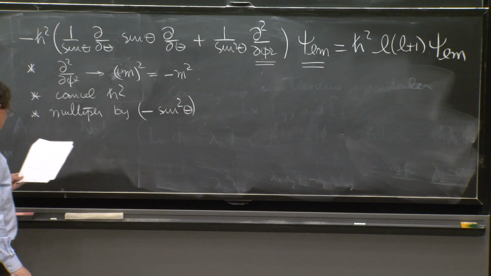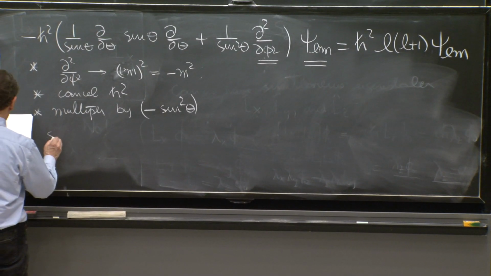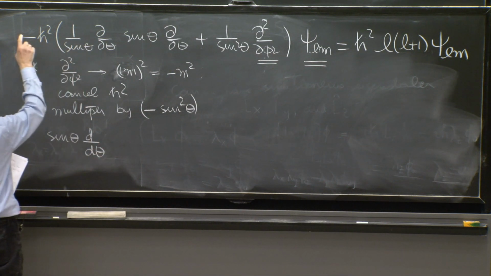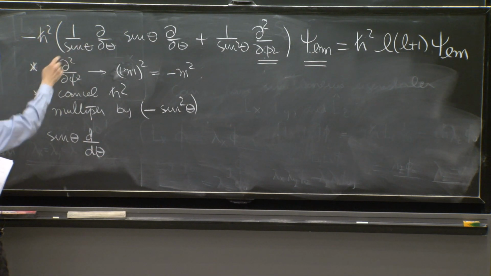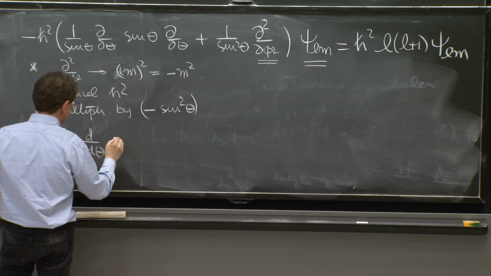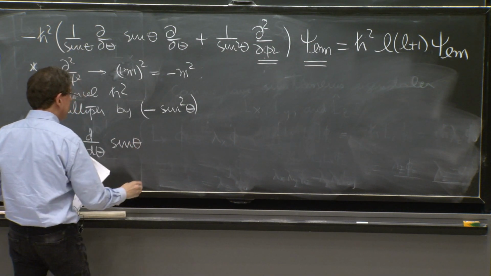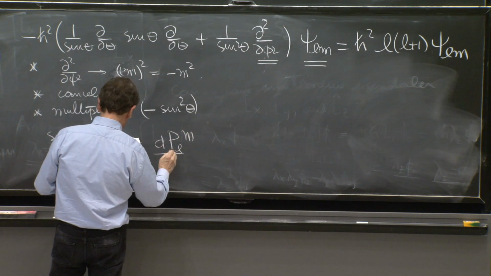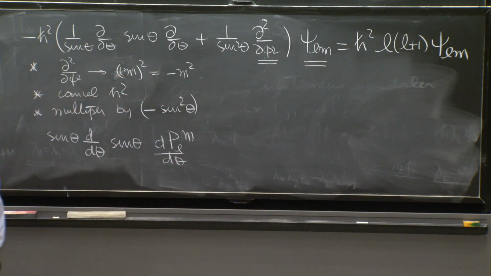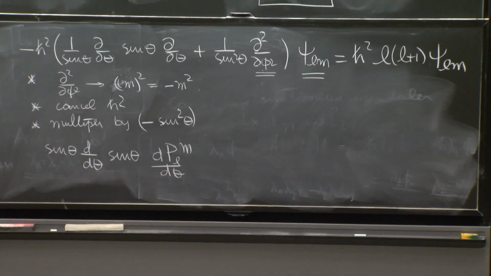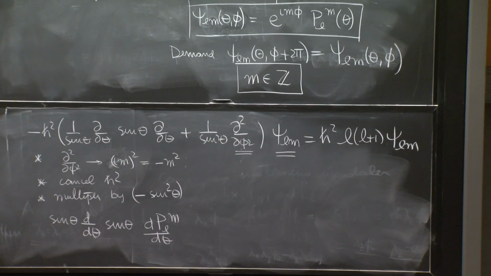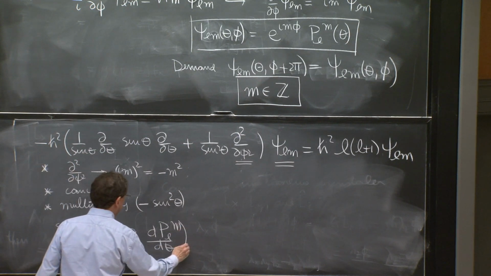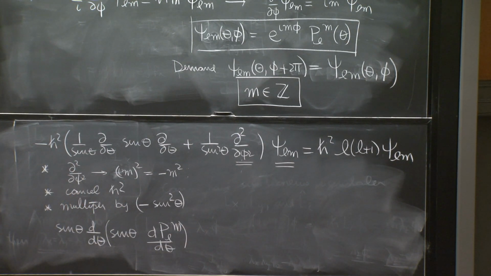So here is what we have. We have sine theta d/d theta. This is the minus sine squared that you're multiplying. The h bar squared went away. Sine theta d P Lm d theta. Already I substituted that psi was e to the im phi times the P. So I have that. And maybe I should put a parenthesis here to make it all look nicer.